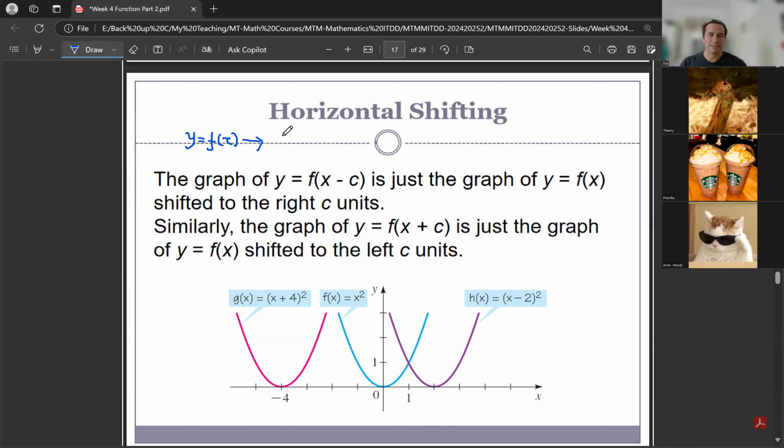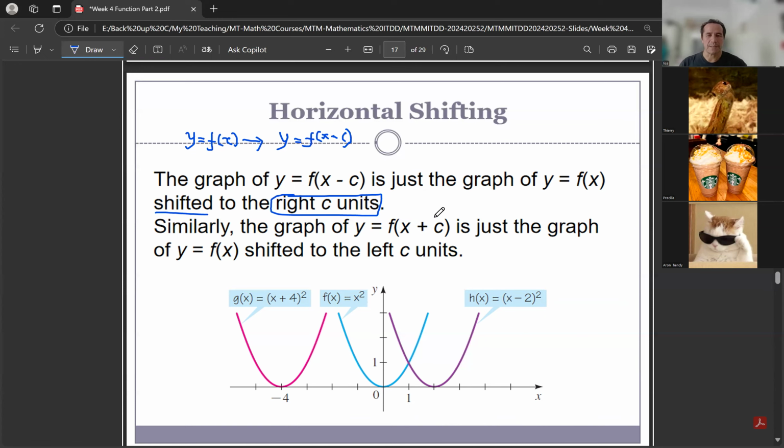If we replace x by x minus c, y = f(x - c), we will have a horizontal shift to the right by c units.